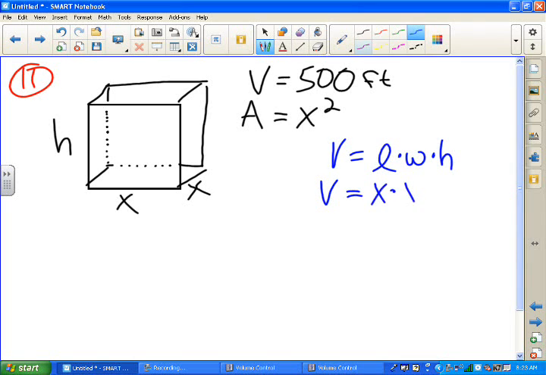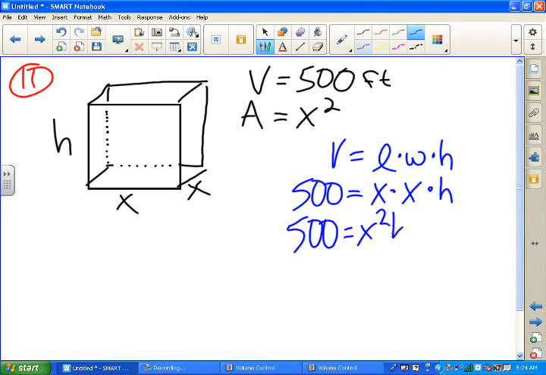So the first thing I do is write down the general form for volume, which is L times W times height. Well, as you can see, L and W will be x because the area of the base is x squared. So I just need to write h as a function of x. One way to do that is to plug in x for L and x for W, and then, given that the volume has to equal 500, I get 500 is equal to x squared times h.